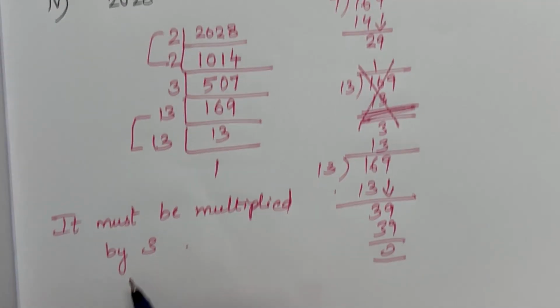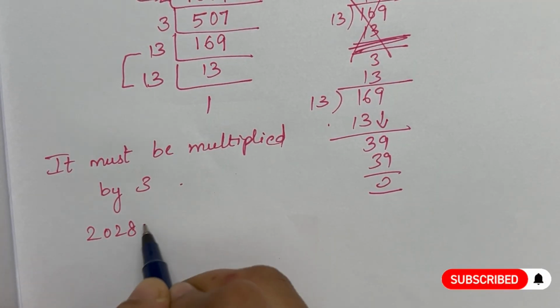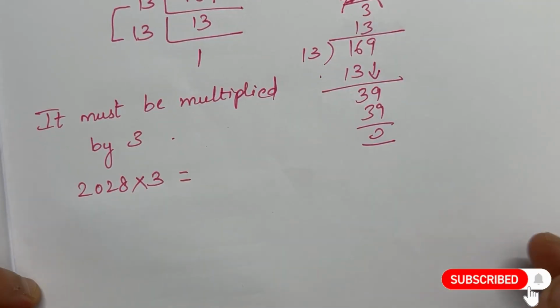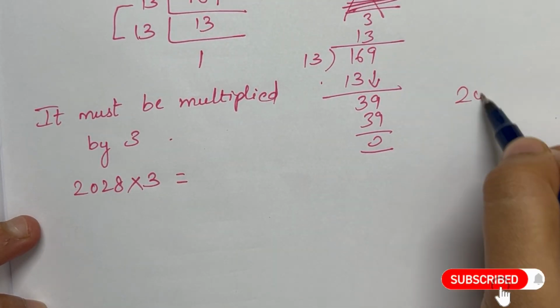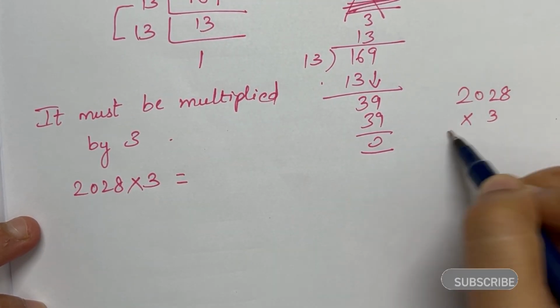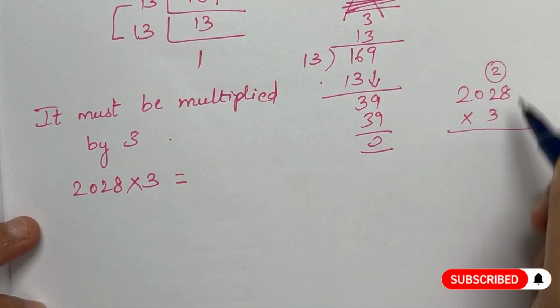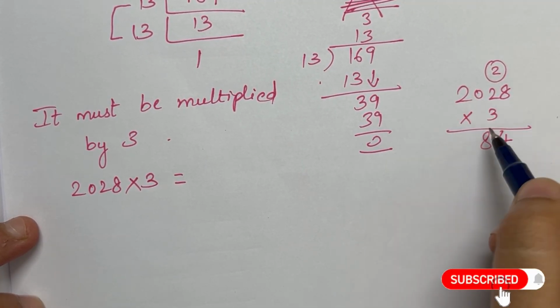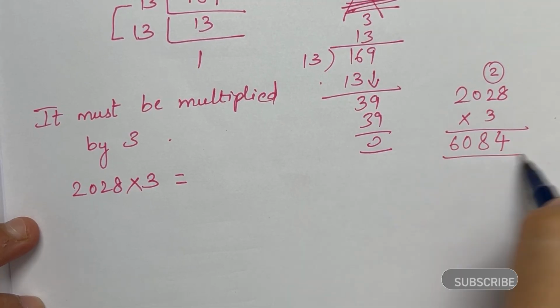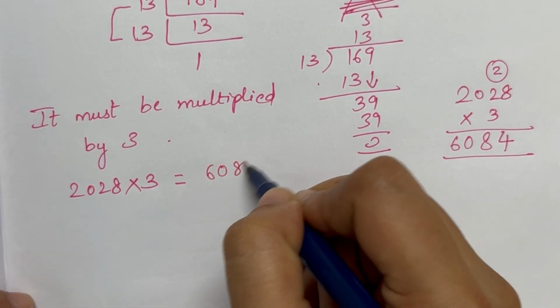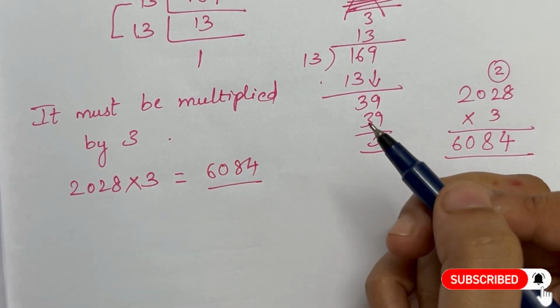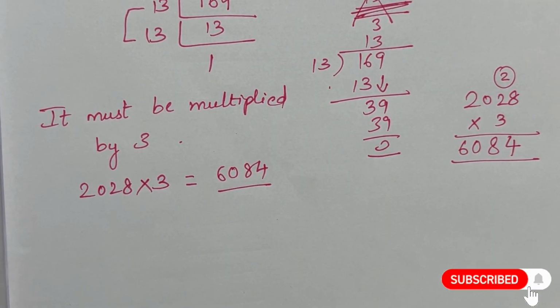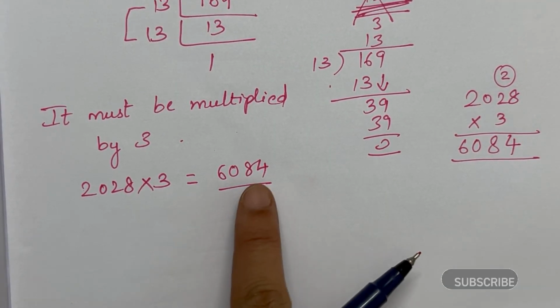Okay, so 2028 multiplied by 3 is: 3 into 8 is 24, 3 2s are 6, 6 plus 2 is 8, 3 into 0 is 0, 3 2s are 6, 6084. Okay, now the square number is 6084.